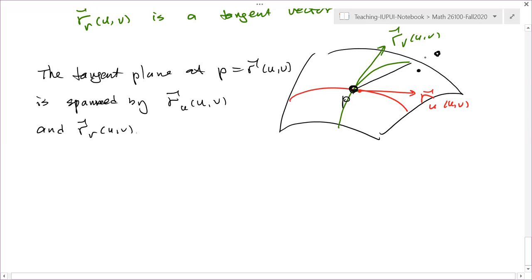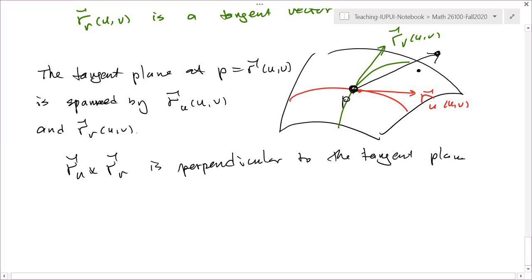This is a vector on the tangent plane, but the cross product is a normal vector. It's perpendicular to the tangent plane.